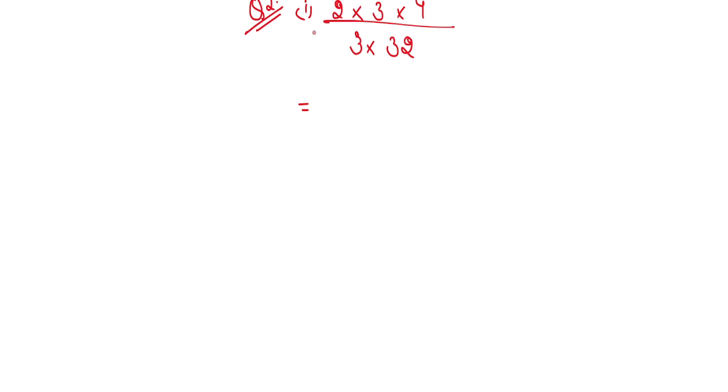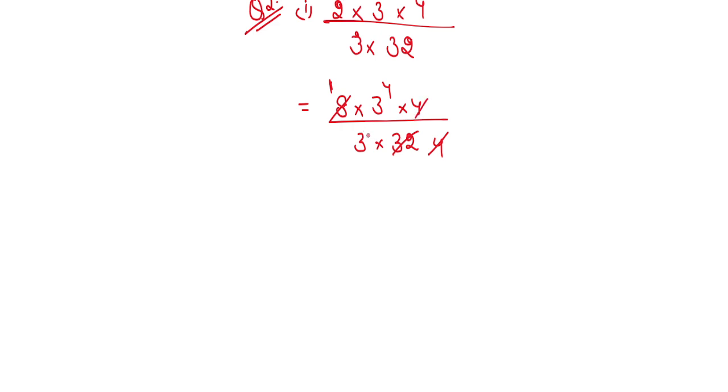If you want, then you can simplify the powers. So 2 raised to the power 3, that it is 8, and 3 raised to the power 4, you can cancel or you can remain as it is. Give me a minute. Now cancel it. 8 ones are 8 and 8 fours are 32.